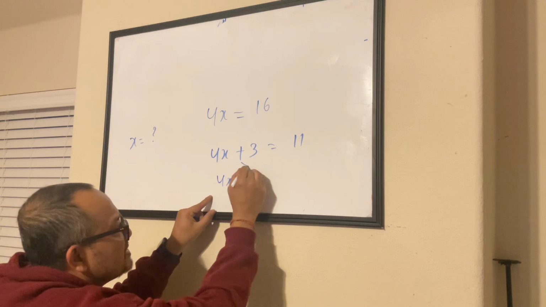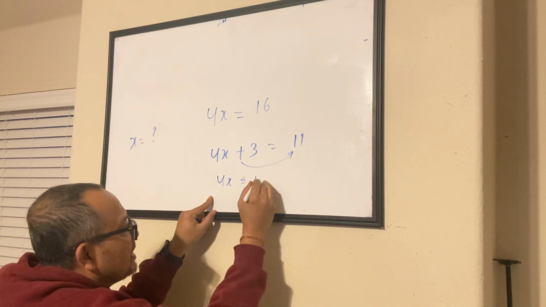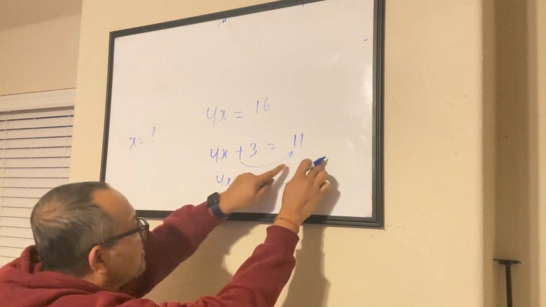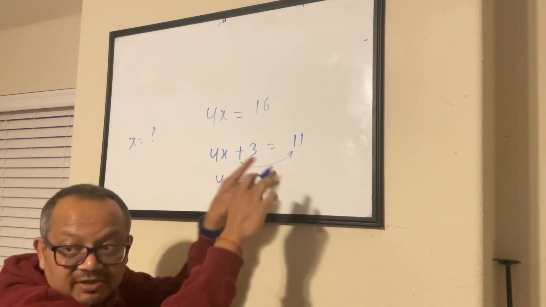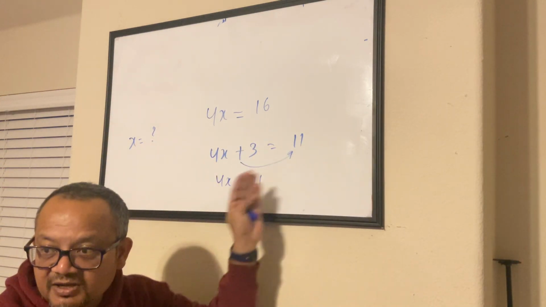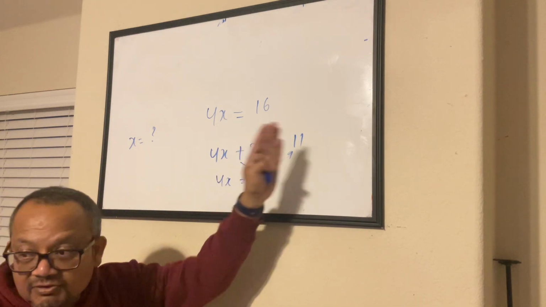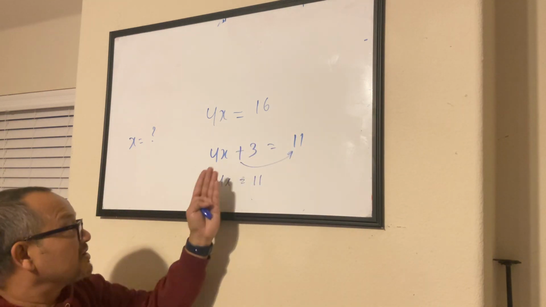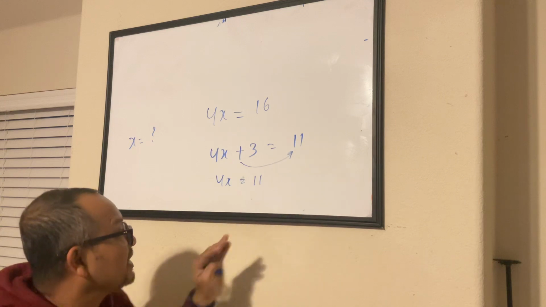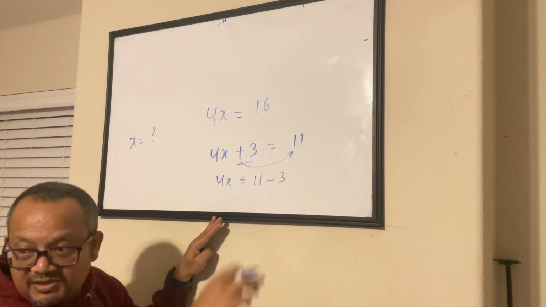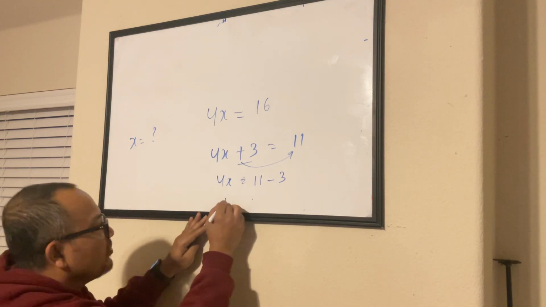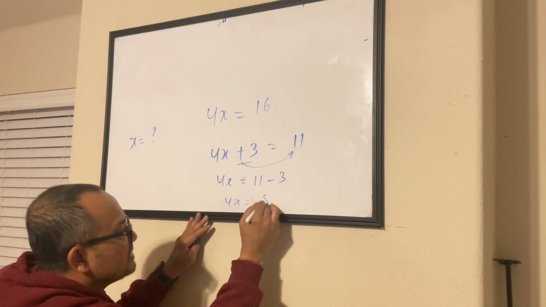When you make anything cross the equal sign, plus becomes minus, minus becomes plus, multiplication becomes division, and division becomes multiplication. It was plus 3 here; when you move it to that side, it becomes minus 3. So 4x equals 11 minus 3, which is 8.